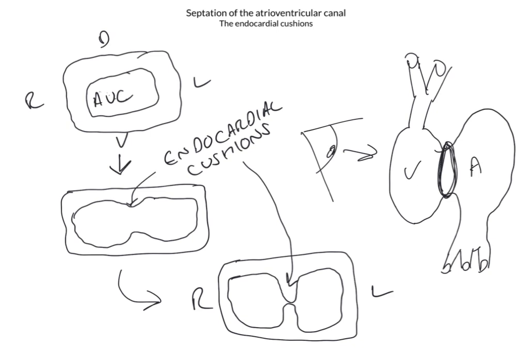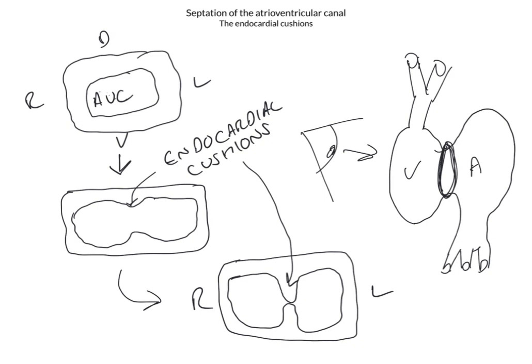Now, these endocardial cushions are only separating the atrioventricular junction. However, for the heart to become fully septated, they will need to fuse with the interventricular septum coming up from below and with the interatrial septum coming down from above.